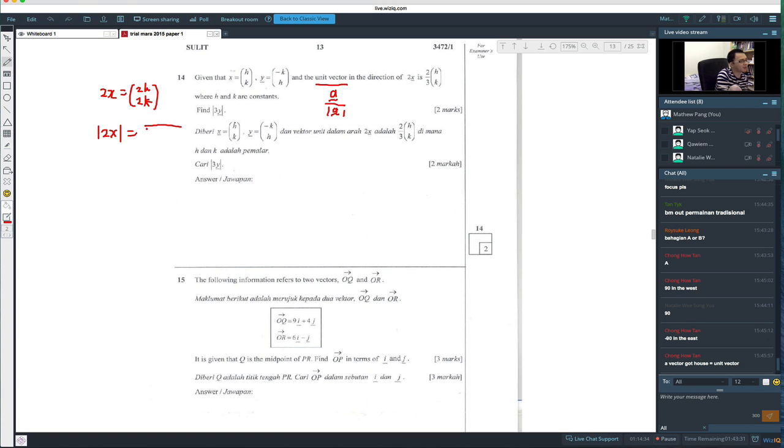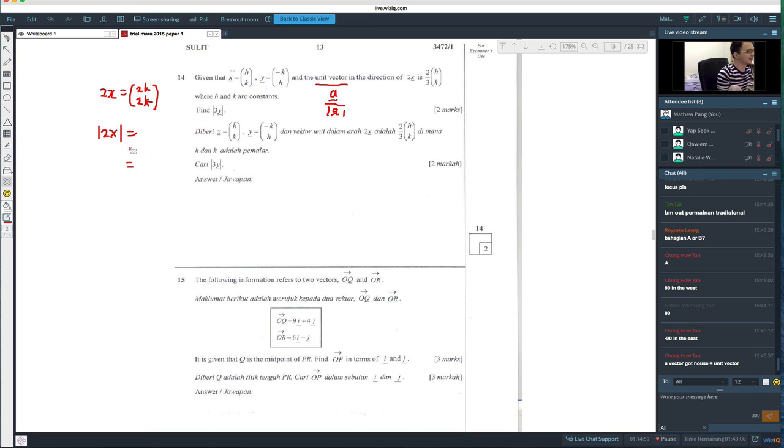It's just the square root of 2h squared plus 2k squared. So it will be the square root of 4h squared plus 4k squared. No, unit vector is to find a length. We shouldn't include h and k in it. What am I doing here?